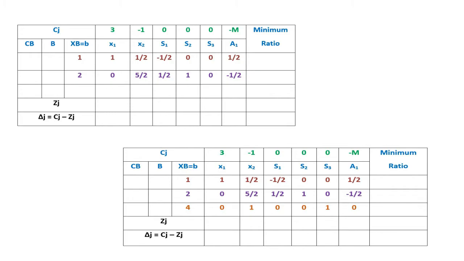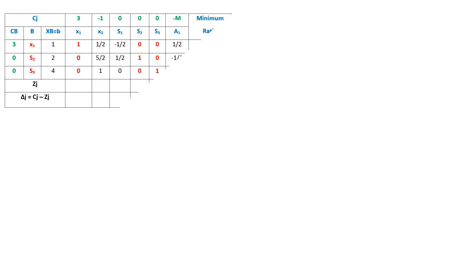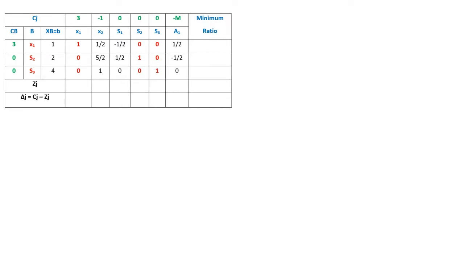Now after calculation of these three rows, we have to fill up the variables in the basis, that is in the B column. Here we have to check for the identity matrix. The identity matrix is in the columns x1, then s2 and s3, that is 1 0 0, 0 1 0, 0 0 1.